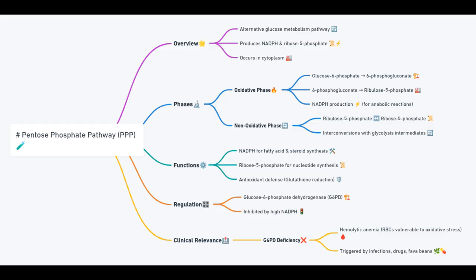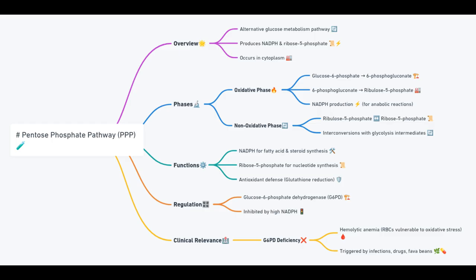The 6-phosphogluconate is being converted to ribulose 5-phosphate by 6-phosphogluconate dehydrogenase, which utilizes NADP plus to form carbon dioxide and NADPH. Then the ribulose 5-phosphate can go into the non-oxidative reactions.